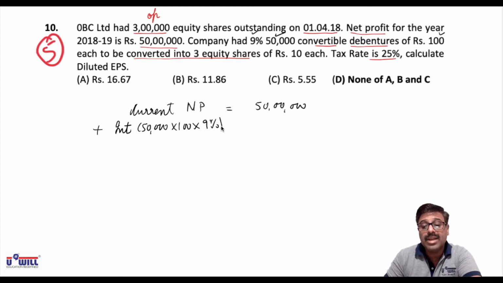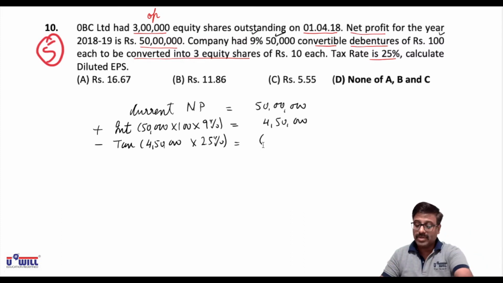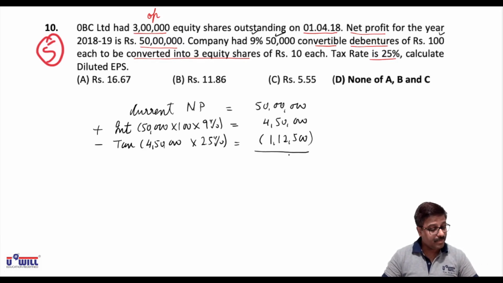So 50 lakhs into 9% is 4,50,000 that we will plus, and on 4,50,000 tax we will minus: 4,50,000 into 25%, which is 1,12,500. So adjusted profits will come to 53,37,500.